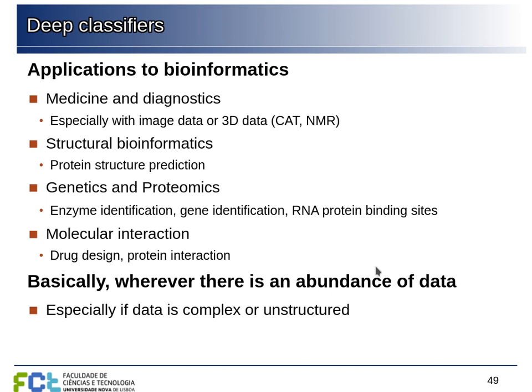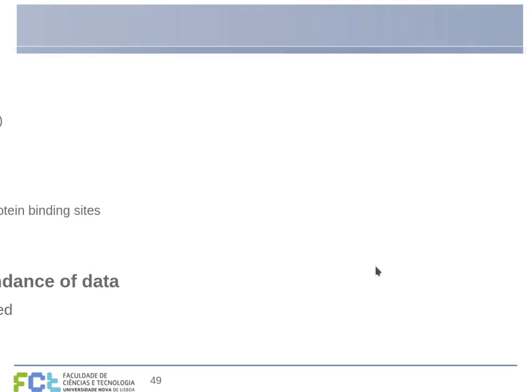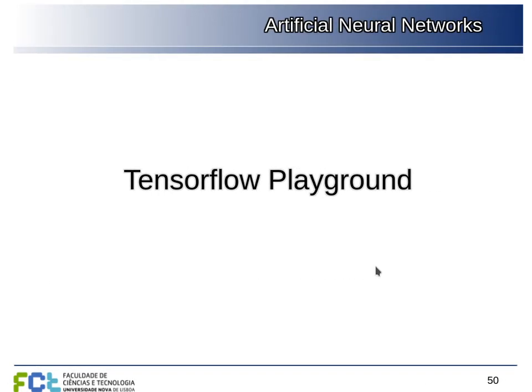So if it's unstructured data like images, sequences of values, data from measuring devices and so on, then in that case this becomes a very strong candidate for deep learning and for artificial neural networks, because these systems learn how to extract the correct features and convert the raw data into something that is useful.